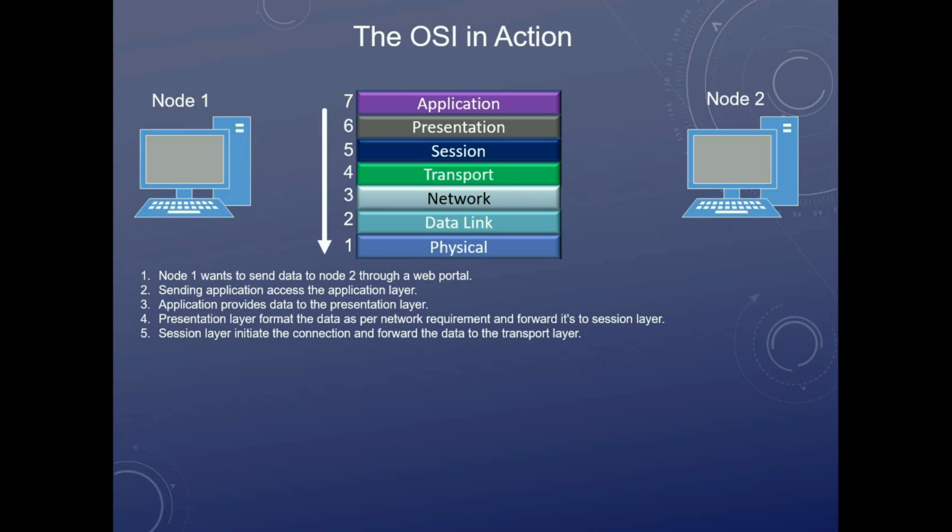The session layer is going to initiate a connection with Node 2 and then forward it down to the transport layer. The transport layer is going to take this file that you want to send, however big it is, and break it down into smaller segments. It's going to add headers and the control data inside of it.